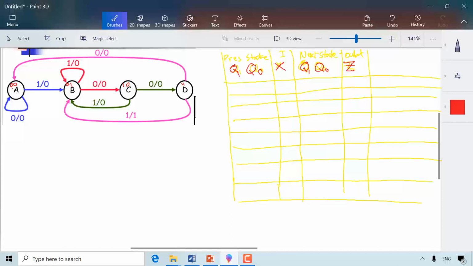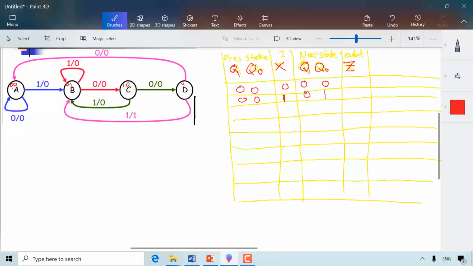If I am in state A, which is 0 0, it depends on x. If x is 0, I stay in my same state, 0 0. But if x is 1, I go to state B, which is 0 1.